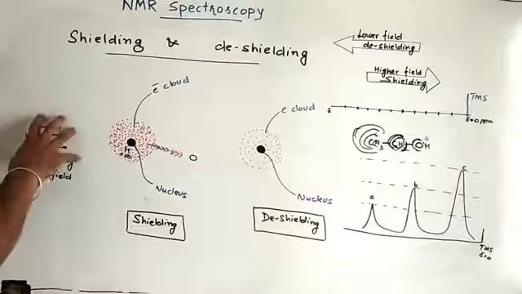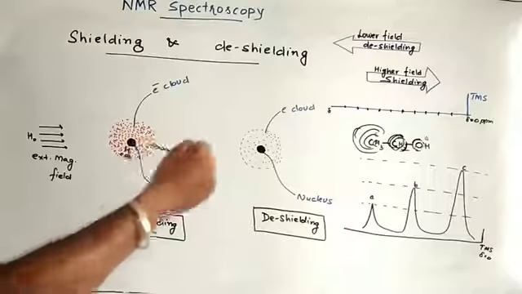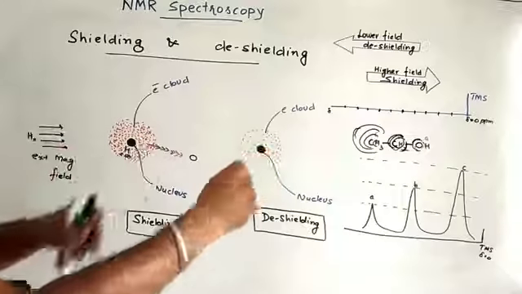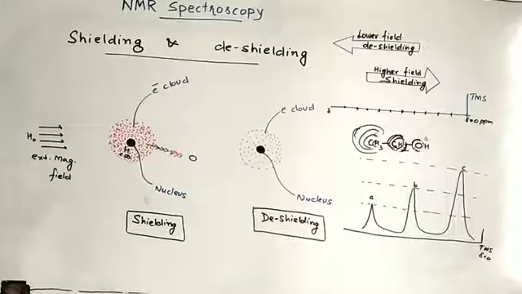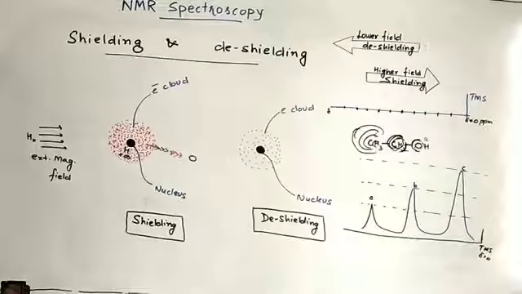Otherwise, our H naught is the same. We have a molecule and we are applying a magnetic field strength, so our magnetic field strength is equal for all the protons. But what makes the proton different is the electron cloud around those protons. And if the electron cloud is more, as you can see in this molecule, these black lines show the electron cloud.